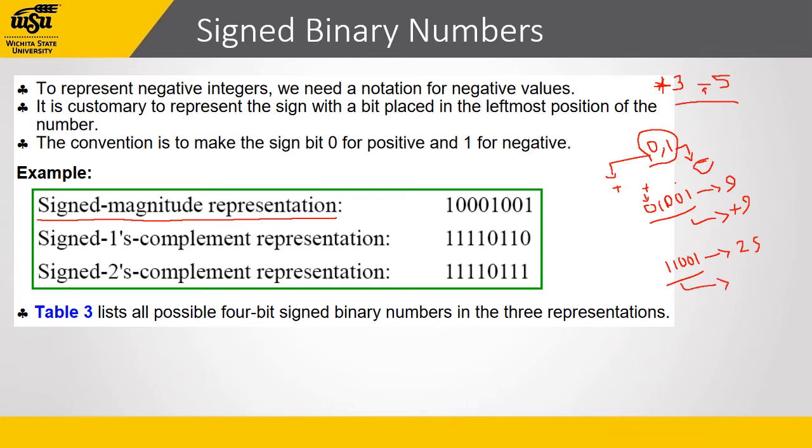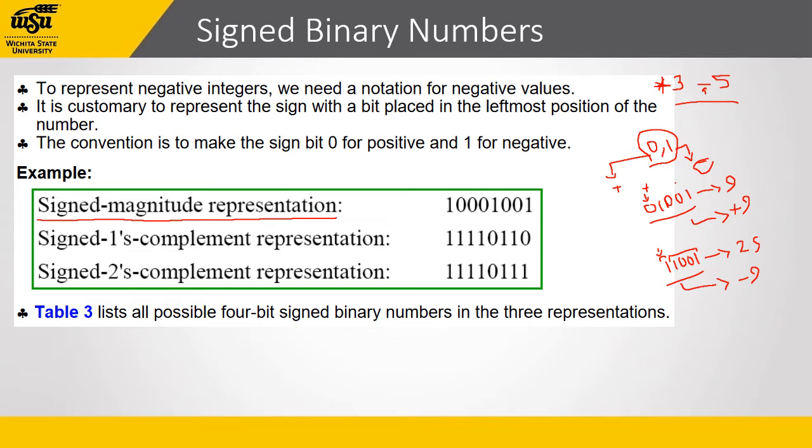So it's negative 9. So in this sign magnitude representation, it assumes that a number has two parts. The first one is the actual number, and the leftmost bit represents the sign of the number. And it has some disadvantages, which I'm going to tell you about in the next slide.